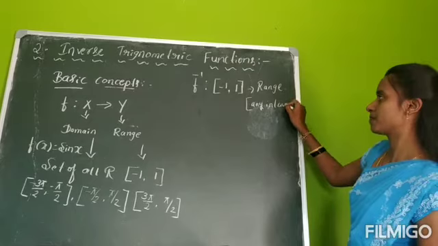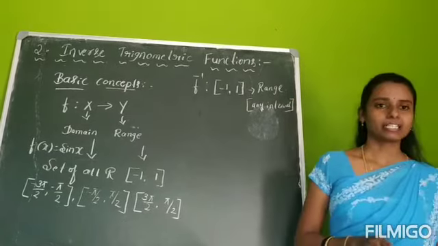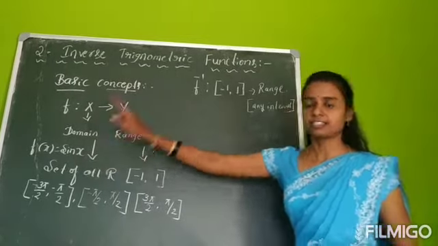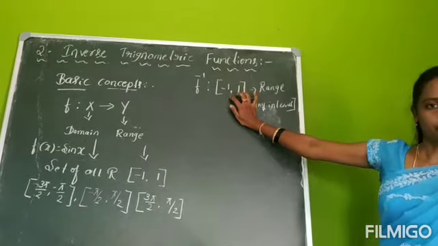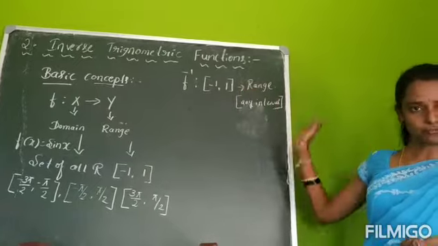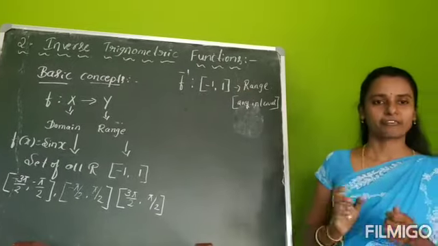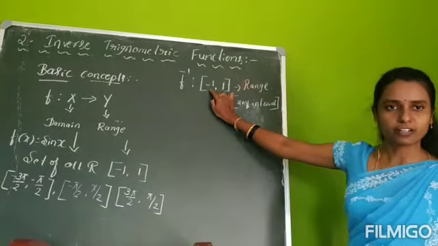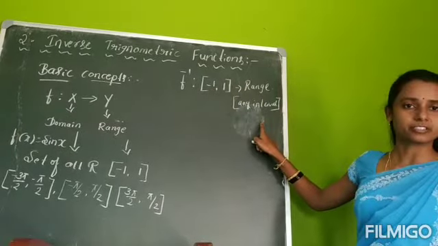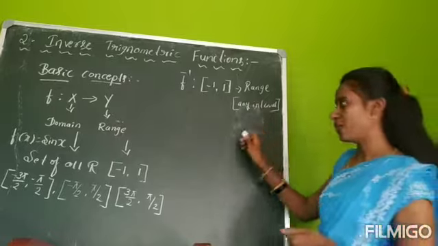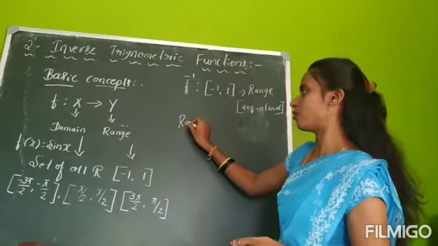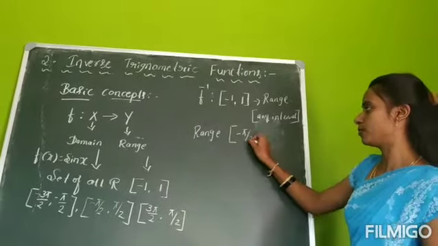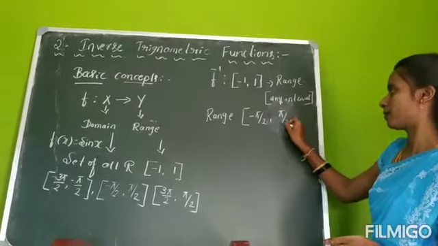The inverse of a function is restricted to this domain, and the range is any of the intervals. Now I can finally say that this is one-one and onto, and I'll go with the range, which is minus pi by 2 comma pi by 2.